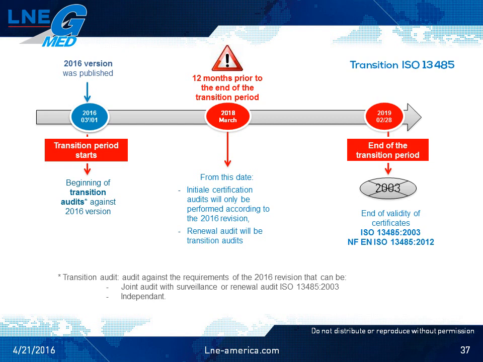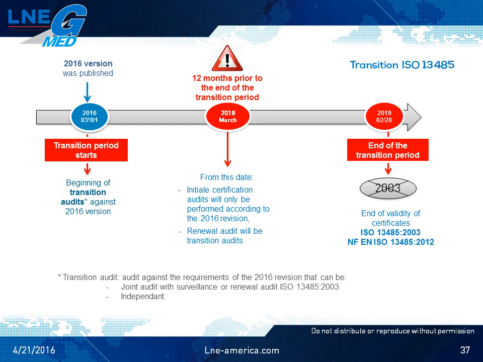So the standard is dated March 2016. The transition schedule is defined to ensure that no more certificate under the old version of the standard will be valid after February 28 of 2019. To do so, most certification bodies will observe a period of 2 years during which the certified companies can choose their transition arrangements rather freely.